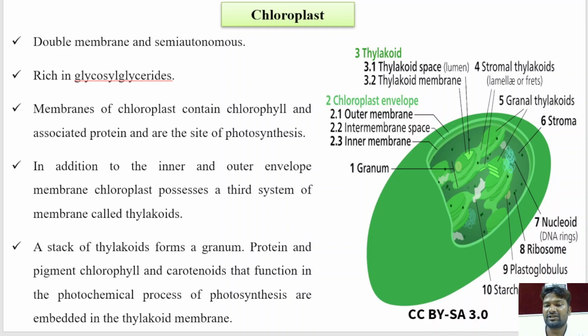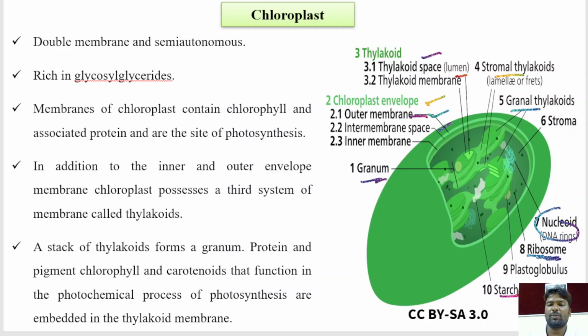So this is the structure of chloroplasts. In the chloroplast, we also have DNA, ribosomes, starch granules, stroma, grana, thylakoids, the chloroplast inner and outer membranes, the intermembrane space, and the granum.